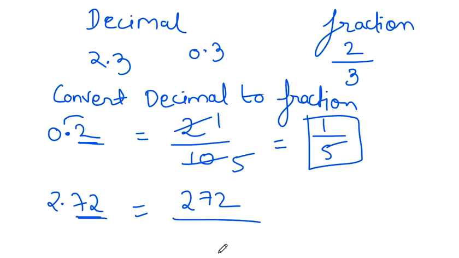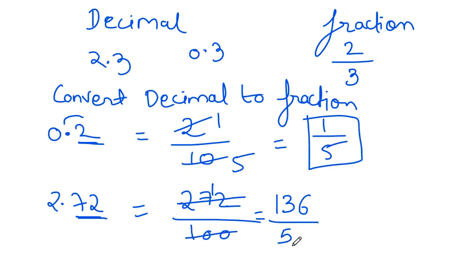So now the denominator will be 100. Now again we will reduce this to the lowest form. If you see, both of them are even numbers, so it will go in the table of 2. 2 ones are 2, 2 threes are 6, 1 gets carried over and 2 sixes are 12, upon 2 fives are 10 and 0.